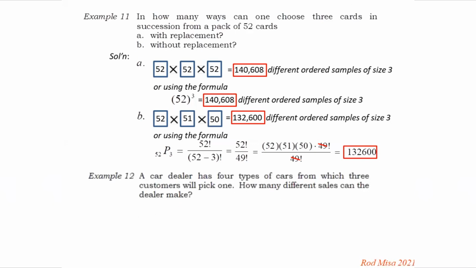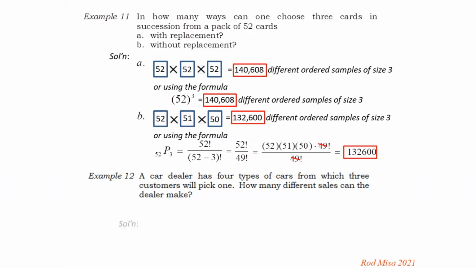Now let's proceed to our next example here. A car dealer has 4 types of cars from which 3 customers will pick one. How many different sales can the dealer make? Now, in this problem, let us use our common sense that this is an ordered sample with replacement because the car company has more than 1 car of each type.